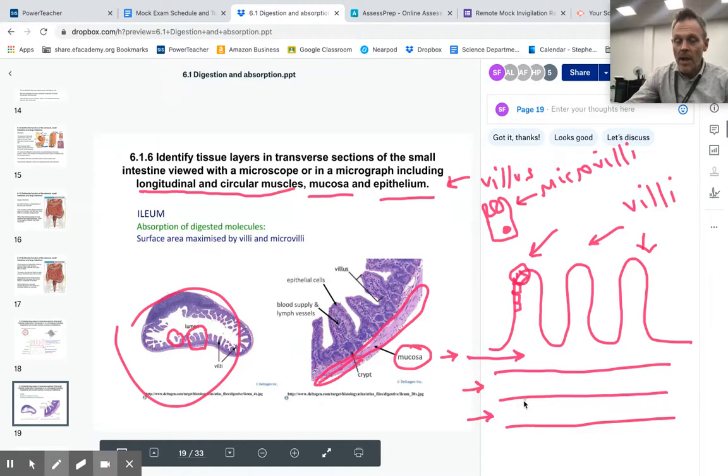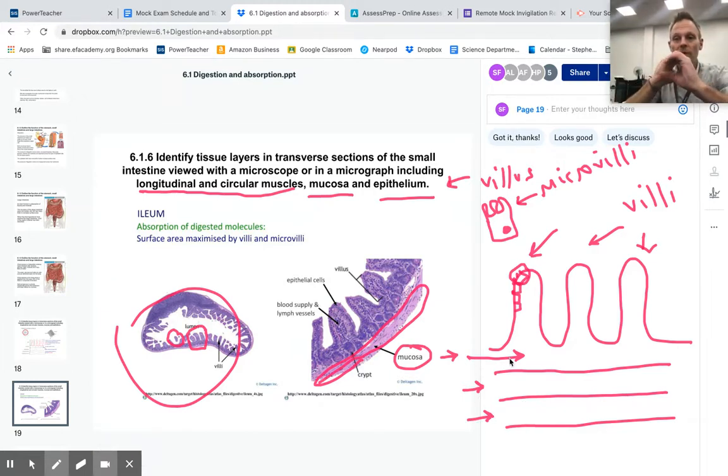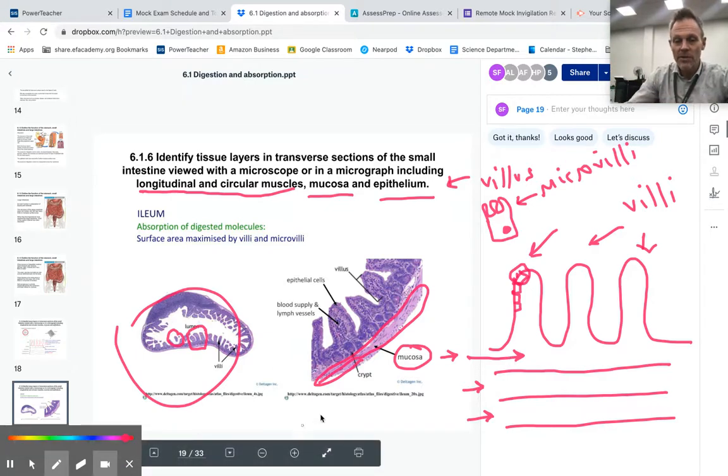If you think about what we're doing, these muscles are pushing the food down your digestive tract. The outer ones squeeze the outside and push food down your small intestine, so eventually it gets through and all the nutrients can be absorbed. Those are the outer ones, called longitudinal muscles.